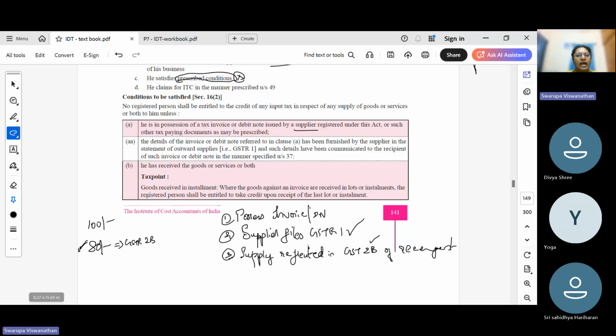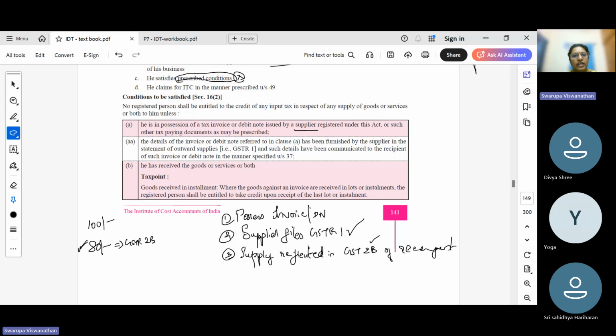So in my 2B, I have purchases of only 80 rupees, and I will be eligible to take ITC only on the GST component in this 80 rupees purchase, even though my invoice is for 100.